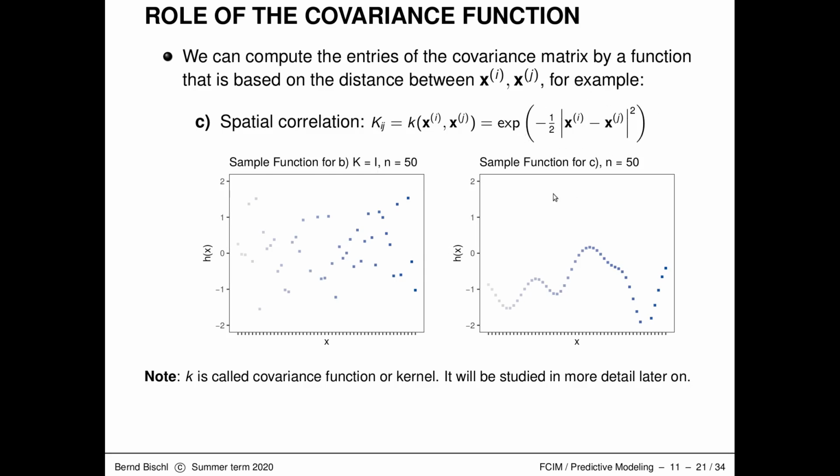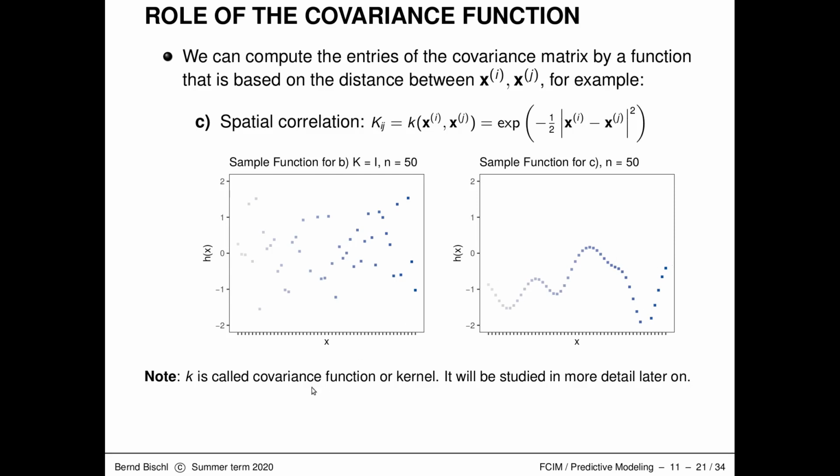You can see that if I use that to induce my kernel matrix for 50 points in my input domain, the resulting functions that I sample from this distribution look reasonably smooth. Because I'm already using 50 points, it really begins to feel like a smooth function, right?